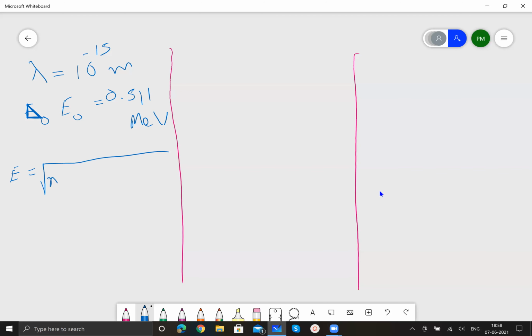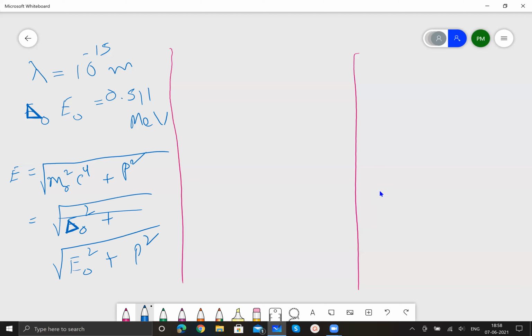E is equal to root of P square C square plus E naught square. So you need P. E naught is there, but you don't have P.